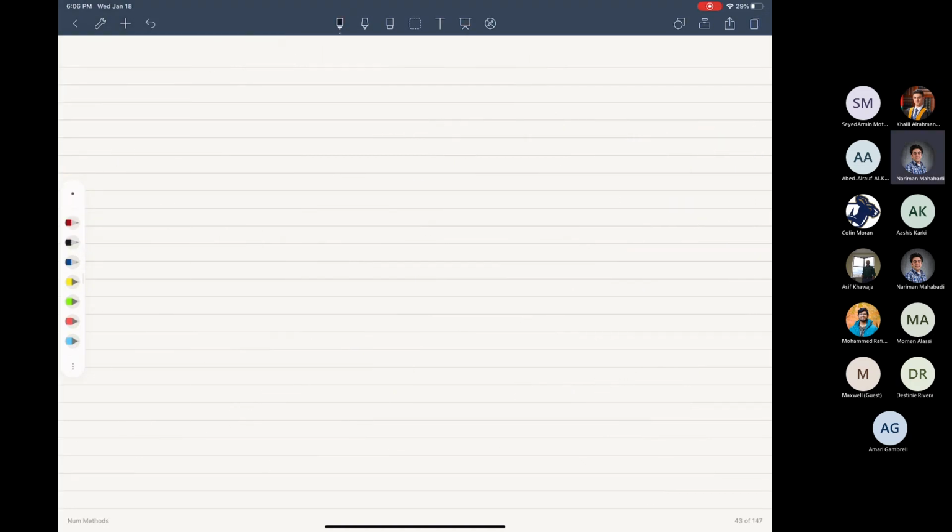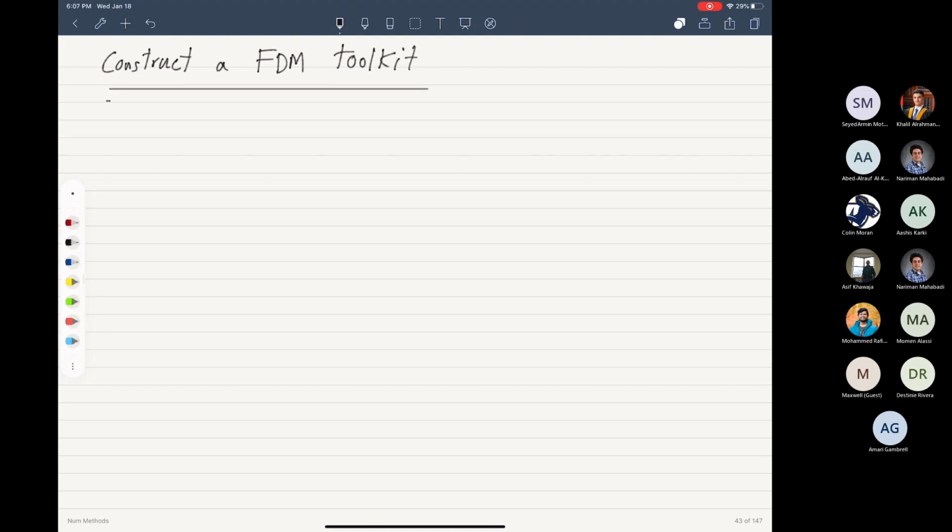So this is really where we are moving to construct our first finite difference method toolkit. Once you have the toolkit, then you can use it to simulate your physics. Let's start with this partial differential equation of an unknown function, which is a function of time and x.